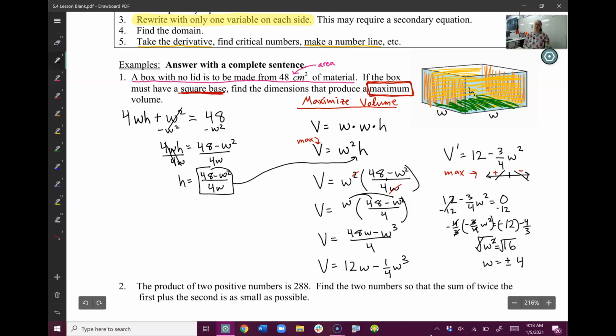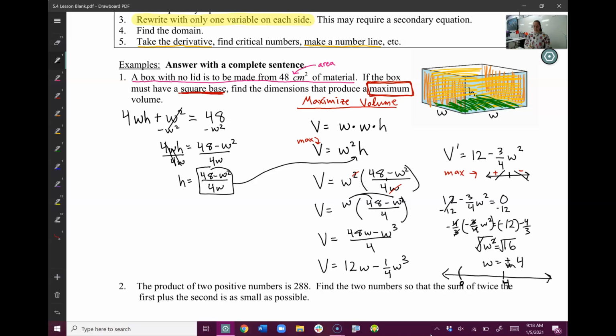But remember, this is width on a box. Negative 4 centimeters doesn't really make sense. So I'm not going to think about the negative. So I'm just going to think about the positive 4. And I'm actually going to put this 0 here, because I know that I can't have negative dimensions. That's just weird. So here's our number line.